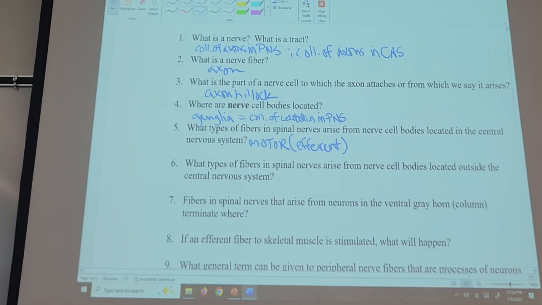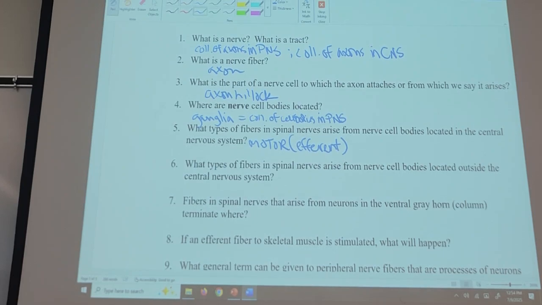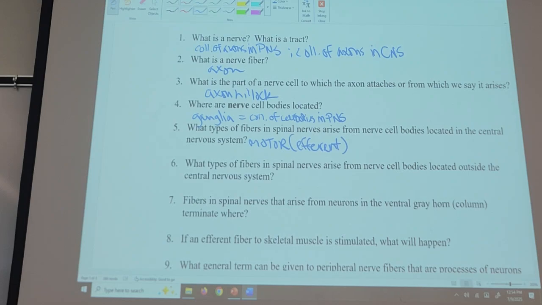Okay, so number 6. What types of fibers, what are our two choices, motor and sensory, in spinal nerves arise from nerve cell bodies located outside the CNS? Those are sensory. Right? And another word for sensory is what? Afferent. Where are sensory nerve cell bodies found?